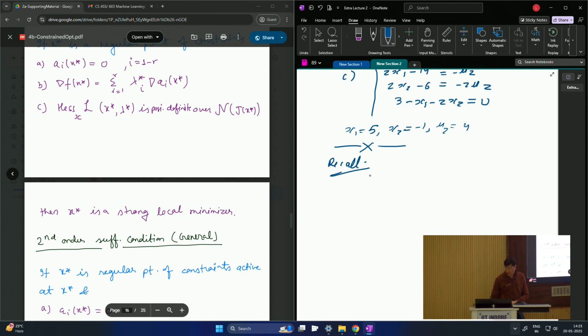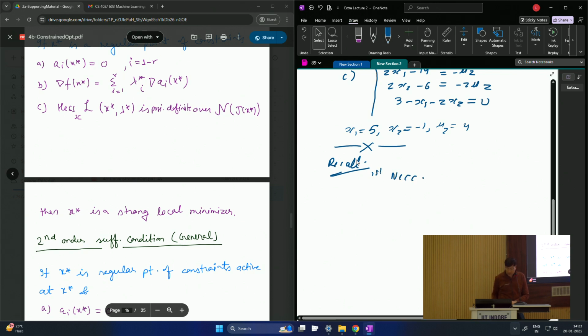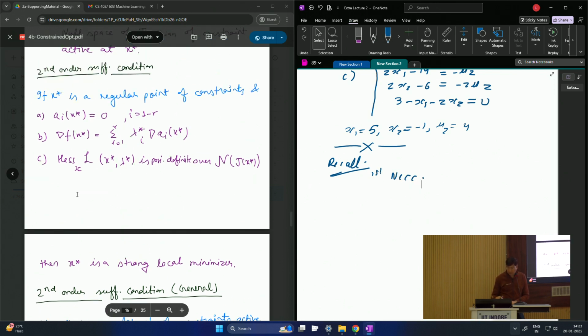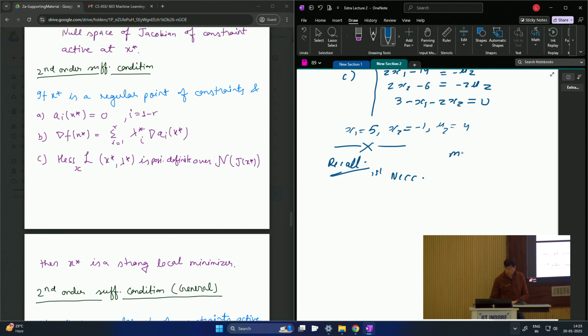the first order necessary condition, this is the case we are doing, where we only have equality constraints. So you've got minimize f of x with respect to x, subject to only equality constraints, ai of x equal to 0, i going from 1 through r.